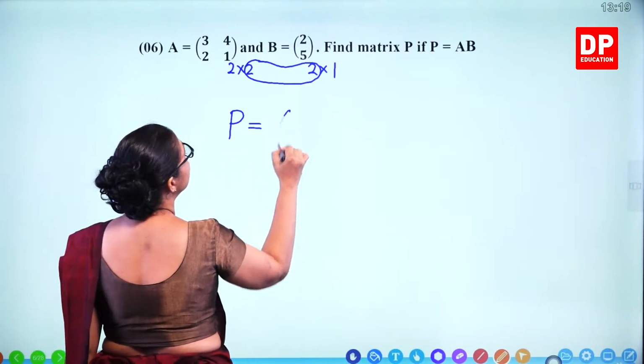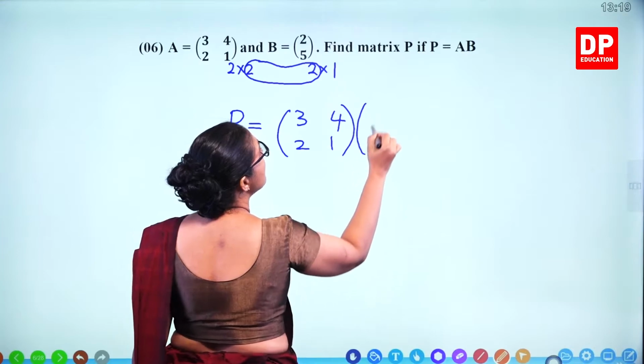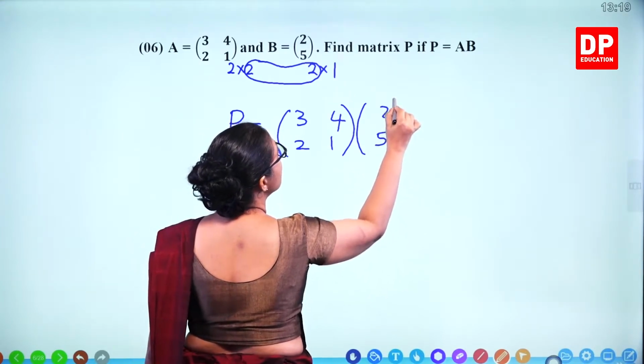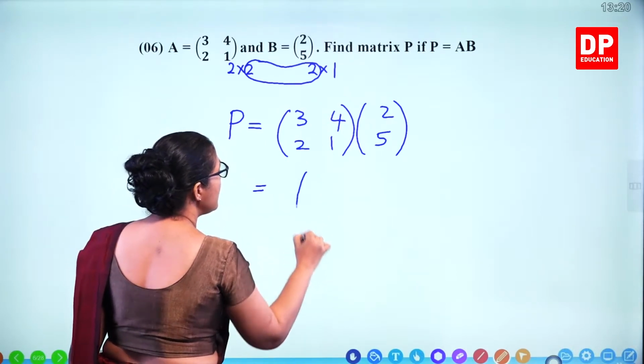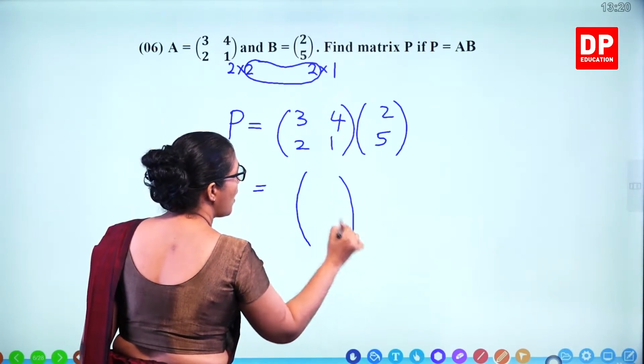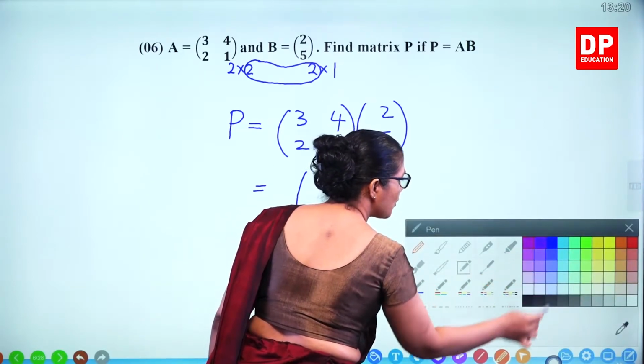So we'll multiply 3, 4, 2, 1 with 2, 5. So the final one is 2 by 1, which means 2 rows and 1 column. You get 2 values here. How do you find the values?